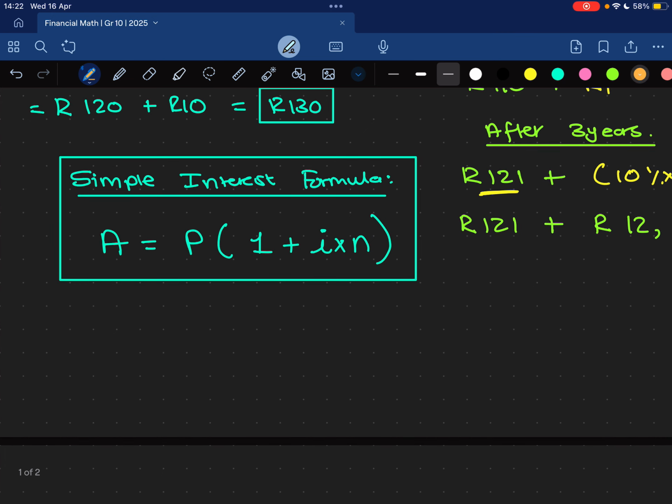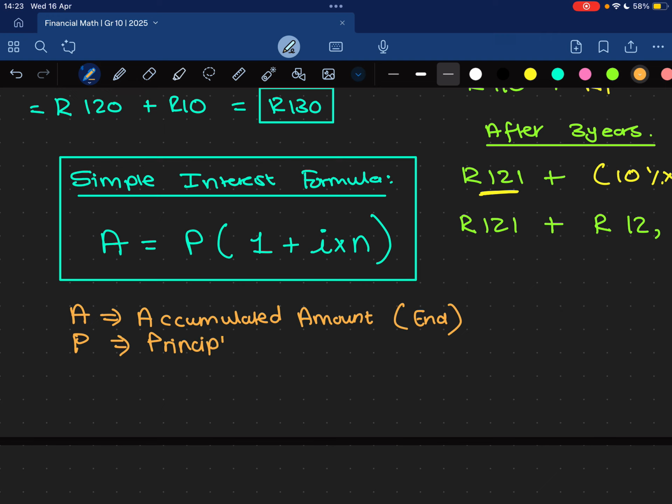The A value is the accumulated amount, so basically this is the amount that you have at the end. The P value is for the principal amount. So this is the original amount, or the amount that you had in the beginning.